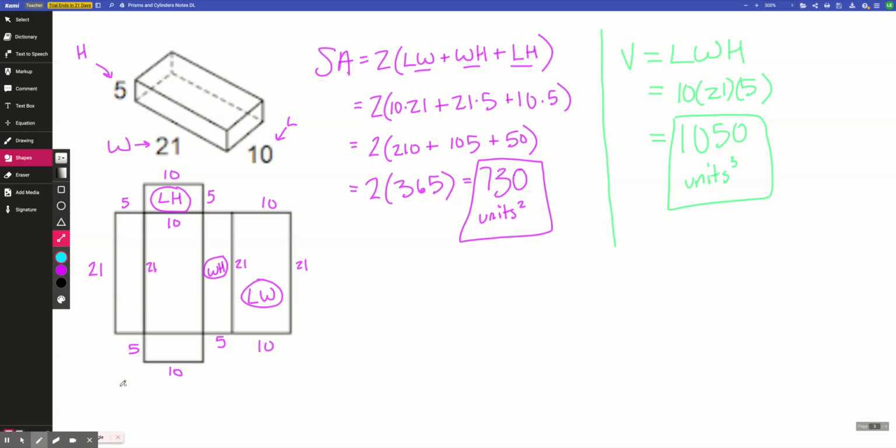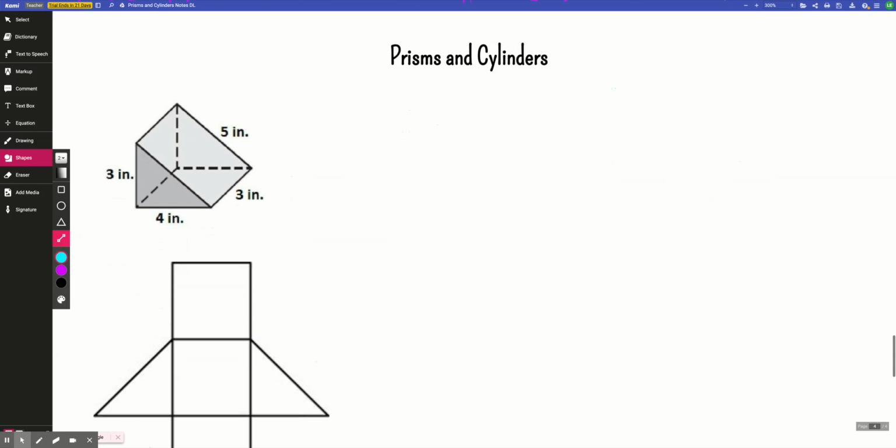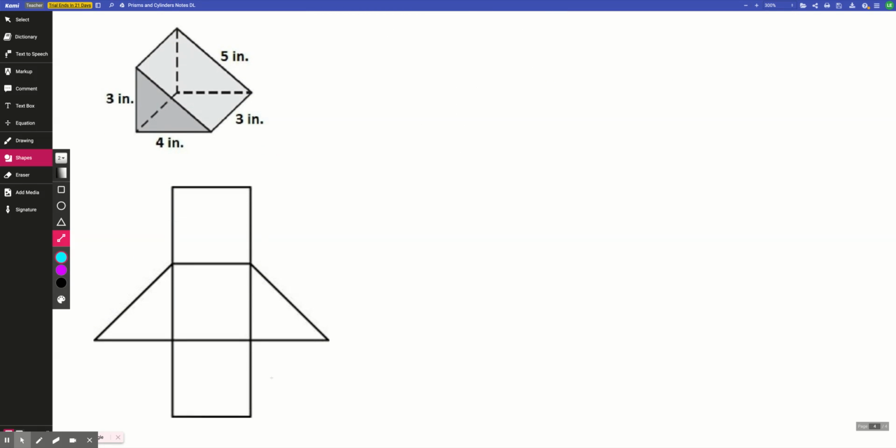Okay, so what I would love for you all to try, because there's one more, and this is a triangular prism. Okay, I'm going to set you up with your formulas here to help you out a bit, because I want you to try this one on your own. So as a reminder, the general formula for surface area of a prism is 2b plus ph.